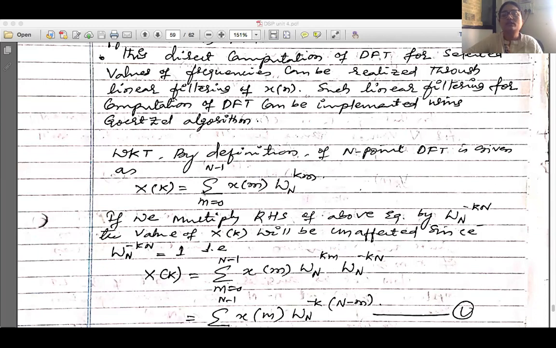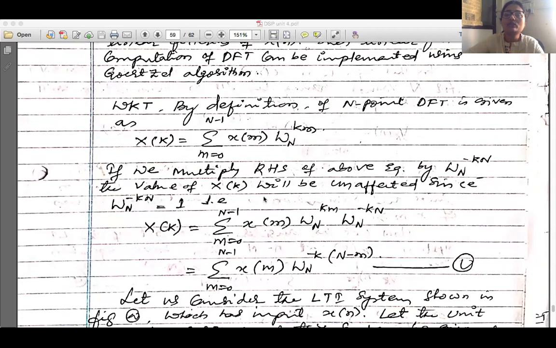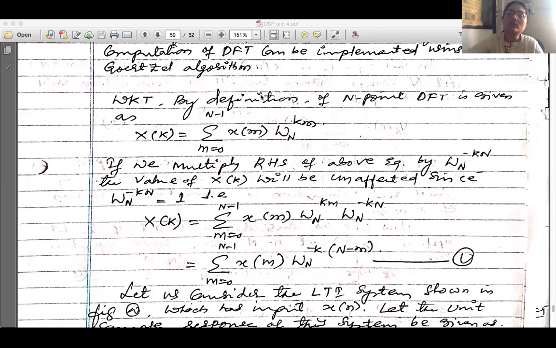If I want to find only the X of 4 value, I can take only that particular equation and directly find that particular value only. We don't have to calculate the other values. This linear filtering we can directly implement for getting a particular DFT value only. The definition of the N point DFT is what we will be implementing.